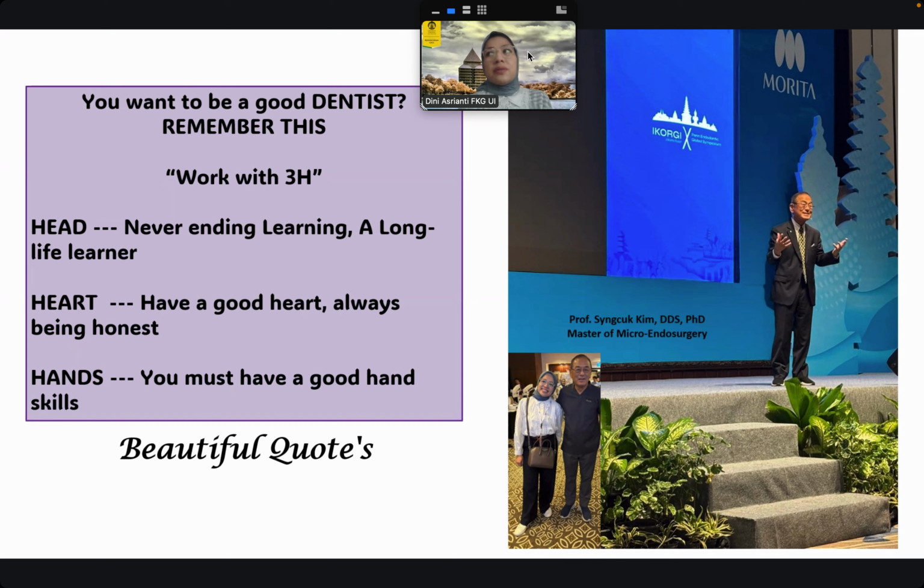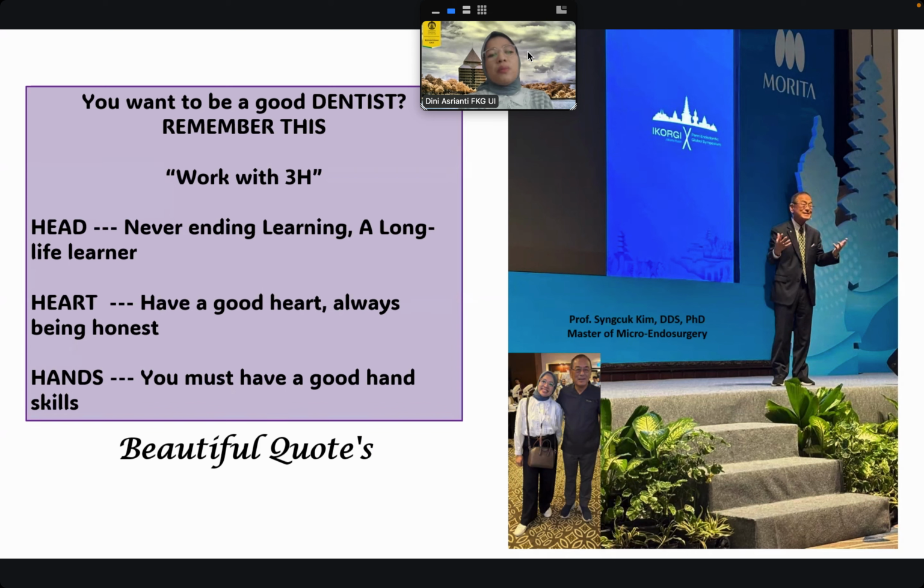And then the last one is for the skills lab. I believe that Dr. Chitra will be the coordinator of the skills lab, right? So you have to have good hand skills. No good dentist without good hand skills. So you have to teach yourself to be disciplined, to learn how to have good skills, to teach your hand to create a good restoration, and a good endodontic treatment as well.